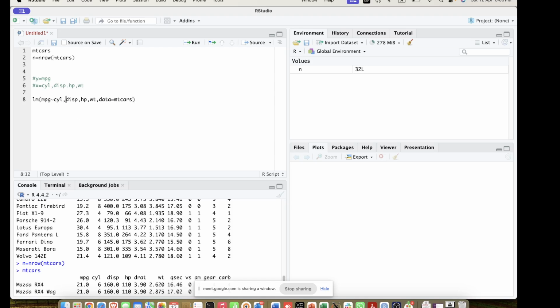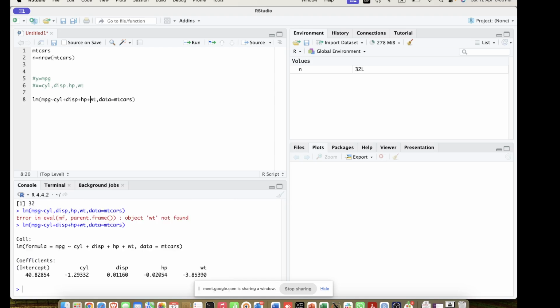Sorry, I shouldn't give commas here; here I should give plus, and then comma. So this is the regression line that I am talking about.